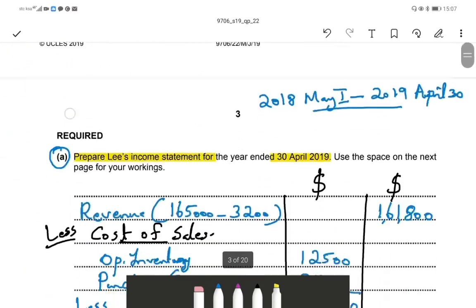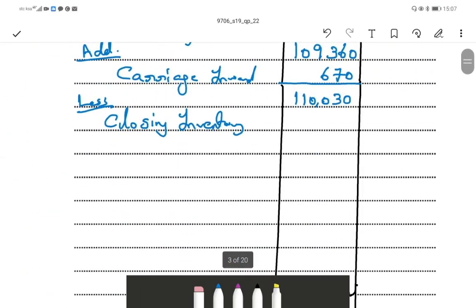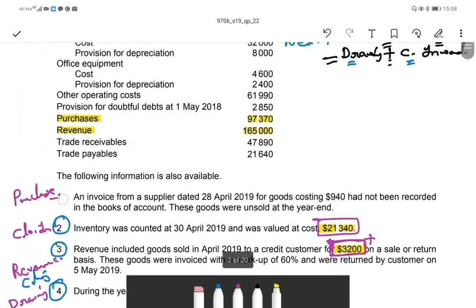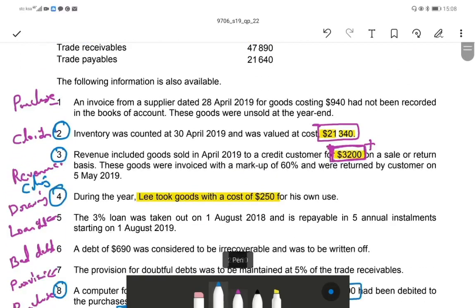So closing inventory is equal to 21,340 plus we have, that is the selling price. So we cannot add 3,200. This is the selling price. 3,200 is on the selling price. So how we have to find the cost? Cost is 60% markup.